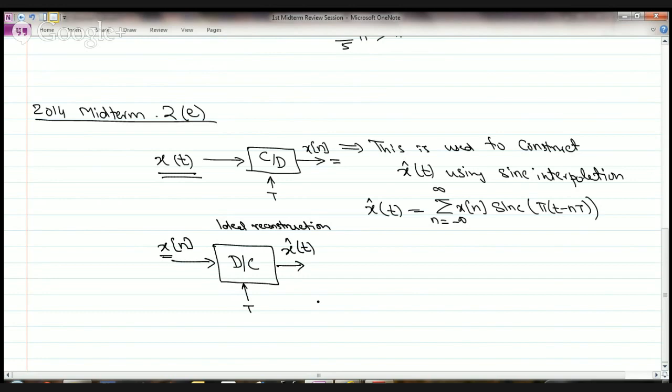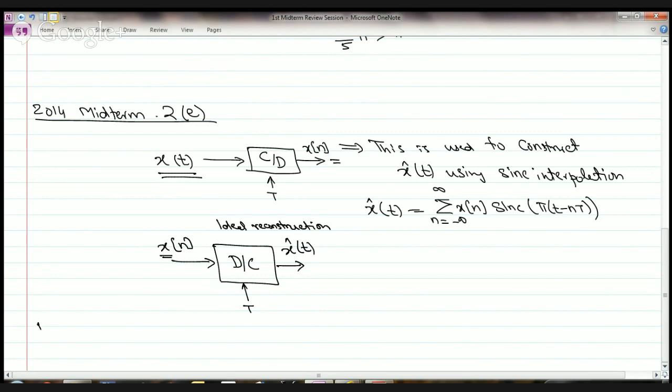There are only two things that can happen in that case if you are doing ideal sampling and ideal reconstruction. One thing is that you satisfy the Nyquist criterion, and in that case, what you get at the output is what you input into the system.